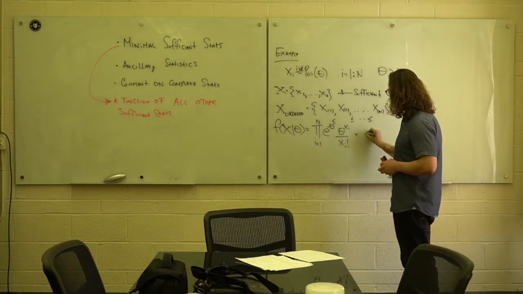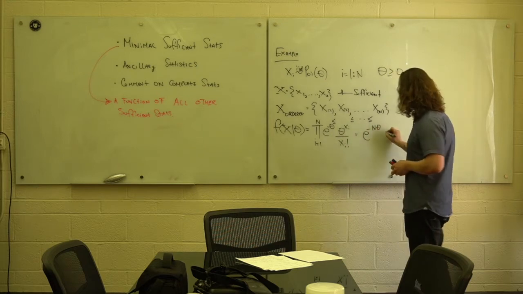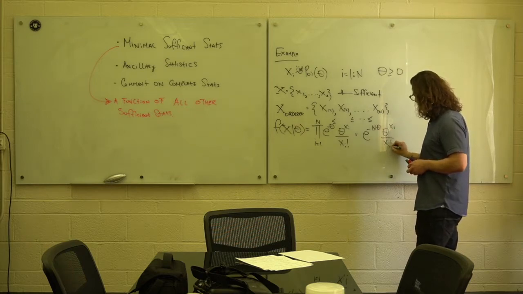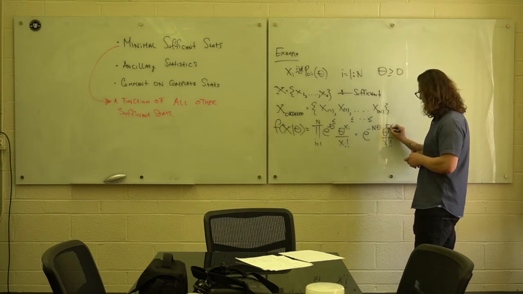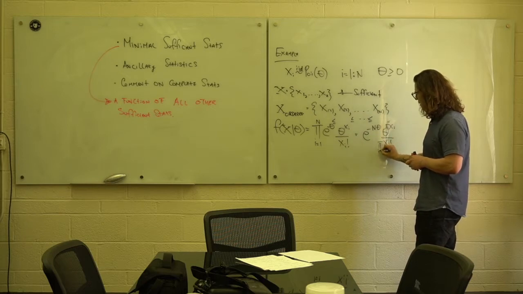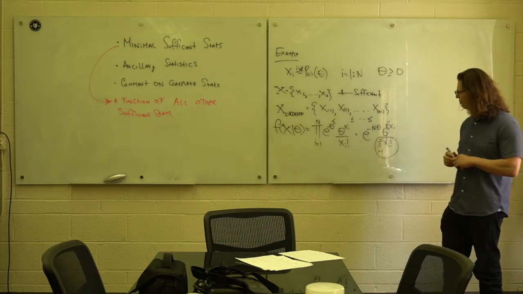So this is going to be e to the minus n theta, theta to the sum of xi over the product of xi factorial. I got to bring my product in, so I'm going to bring that into the sum. i goes from 1 to n, and I still have a product down here. And you're not going to be able to simplify that any further.